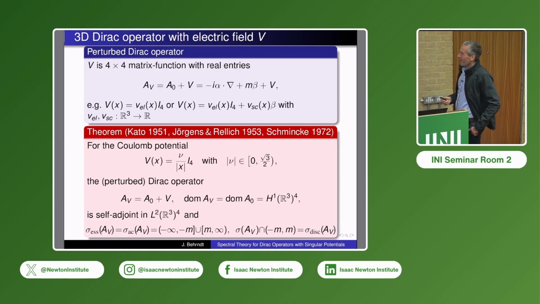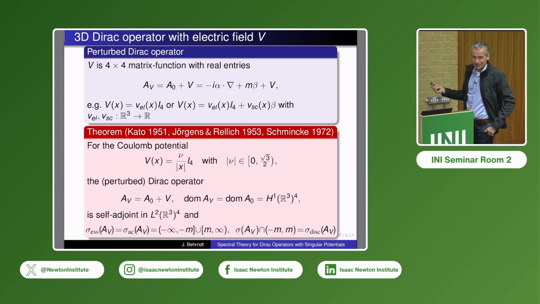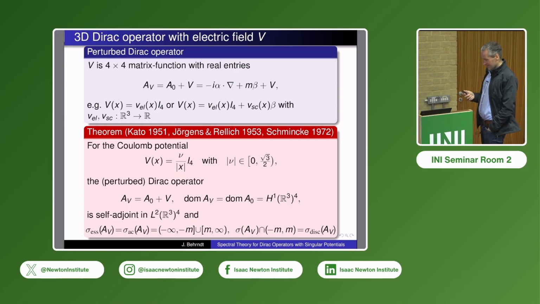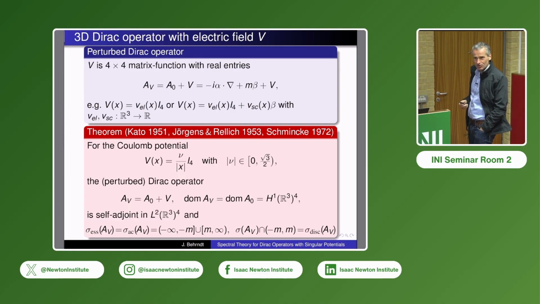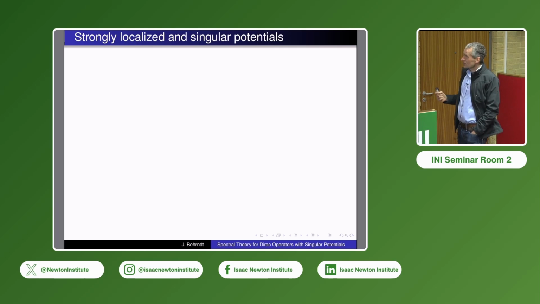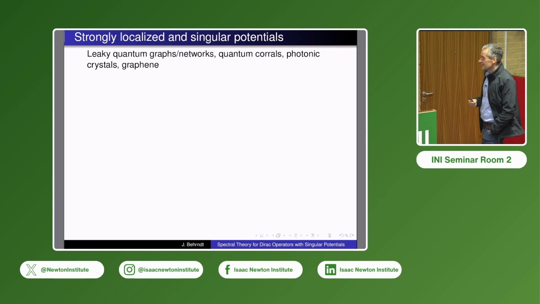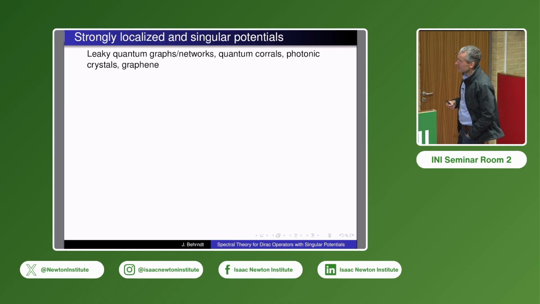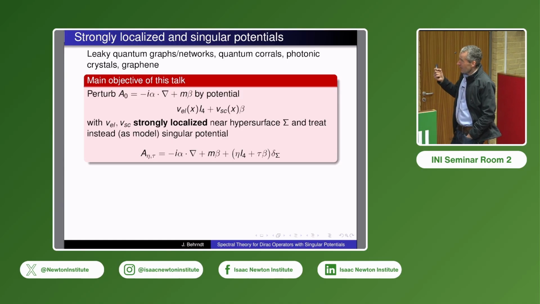Good. Okay, once again, this is very classical, and it just serves as a little warm-up. What is going on in the Dirac case? This talk is focusing on singular potentials. The idea is application driven, from graphene and other possible applications. The principal idea of how you look at that type of potentials is the following.